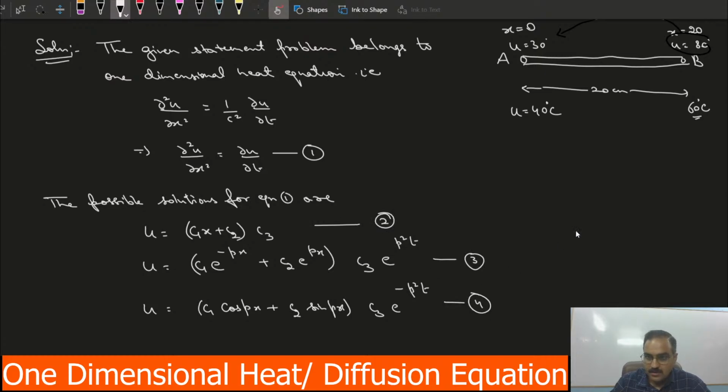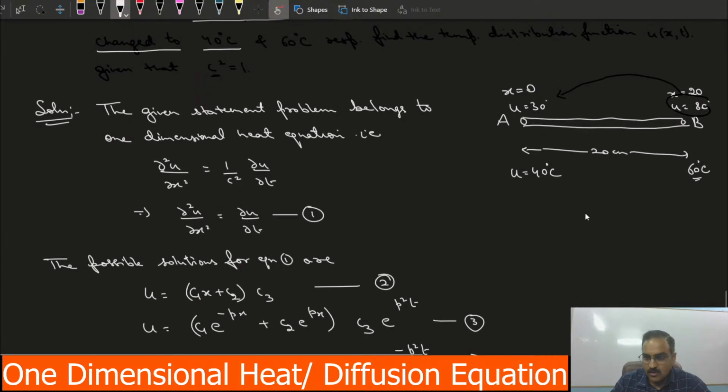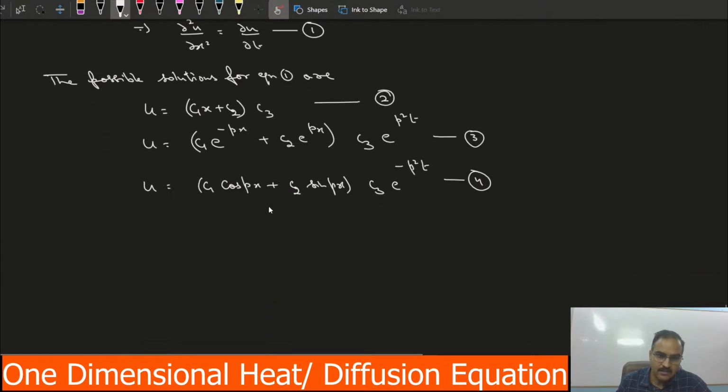Now, after knowing all these boundary conditions, we are aware that since temperature is increasing and we have to work on the rate of flow of heat, we have to use the trigonometric term.